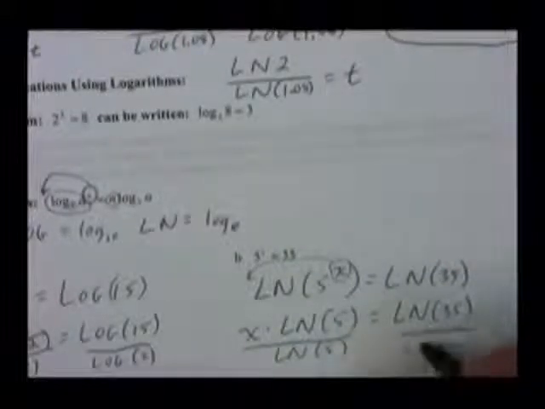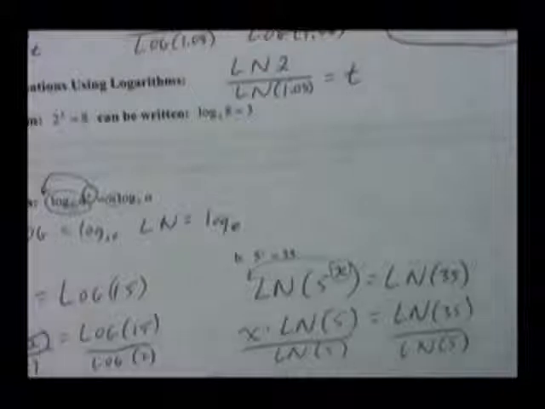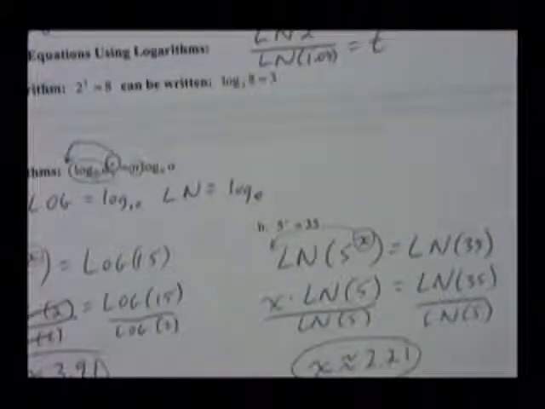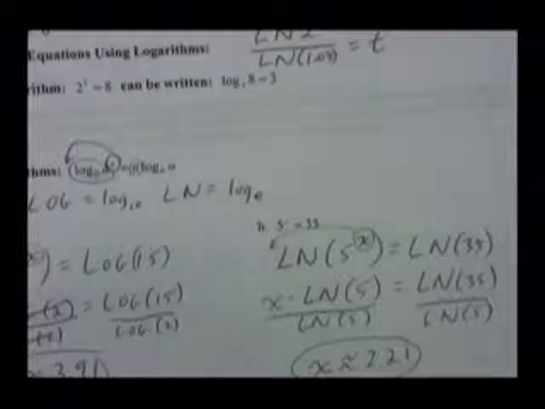And then just divide both sides by ln of 5. And when I do that, ln of 35 divided by ln of 5 gives me about 2.21. And again, if you would check that, 5 raised to the 2.21, it comes out to about 35.